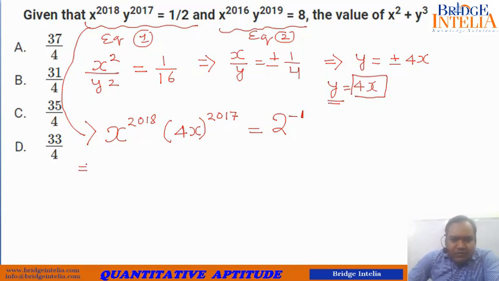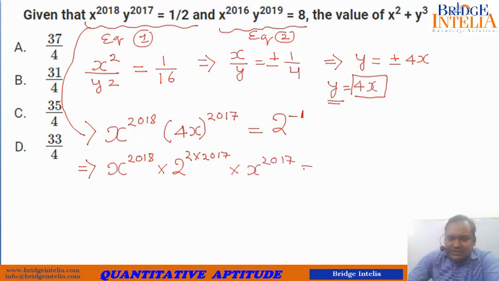So what is given to me is actually x to the power 2018 into (2 square x) to the power 2017, because 4 is 2 square, and if you take this out of the bracket, the power then becomes 2 into 2017, so 2 to the power this much into x to the power 2017. This is given to us as equal to 2 to the power minus 1.